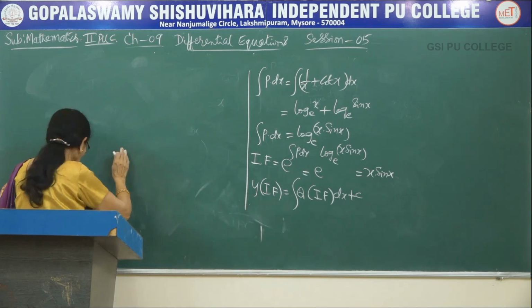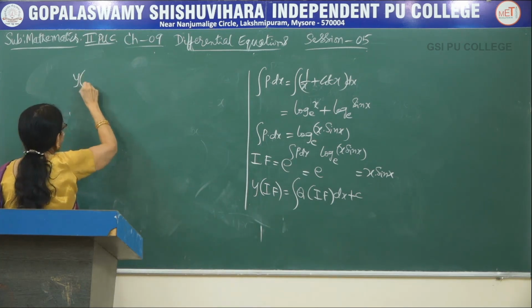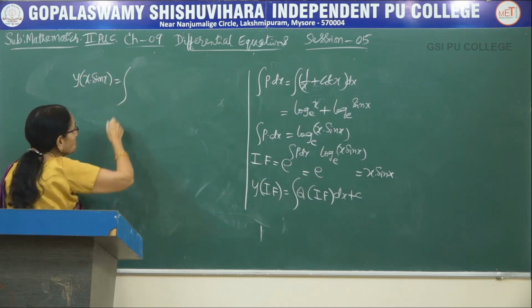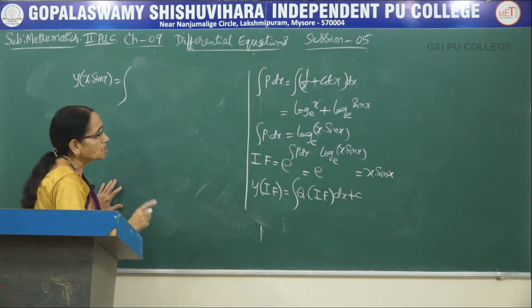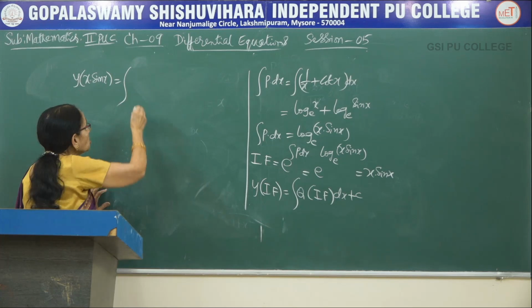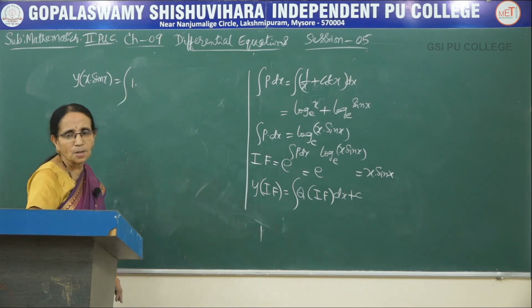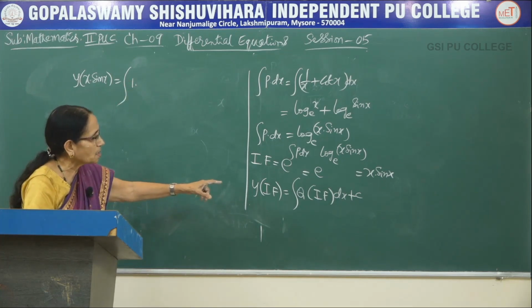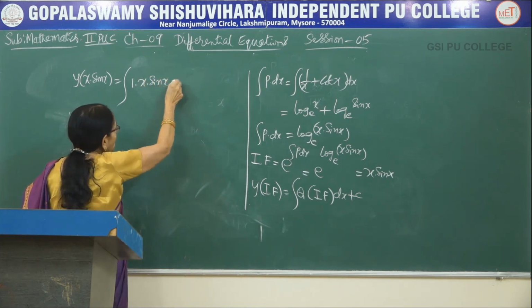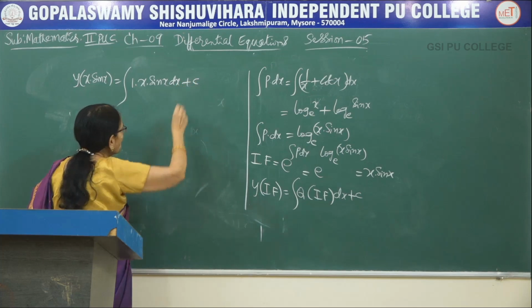Now integrating factor is x into sin x, that is y into x into sin x, integral of, what is q here? In the function we have seen that q has got the value 1, isn't it? And what is the integrating factor we have got here? It is x into sin x into dx plus the constant.